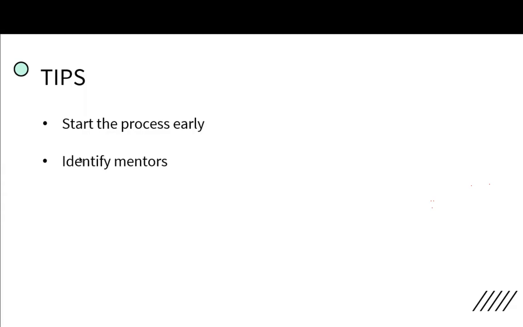Anyone who has been through the process, identify them as mentors, share everything with them, your successes and failures, and ask them any question you can think of. Without role models or mentors, this process may take longer than it should.